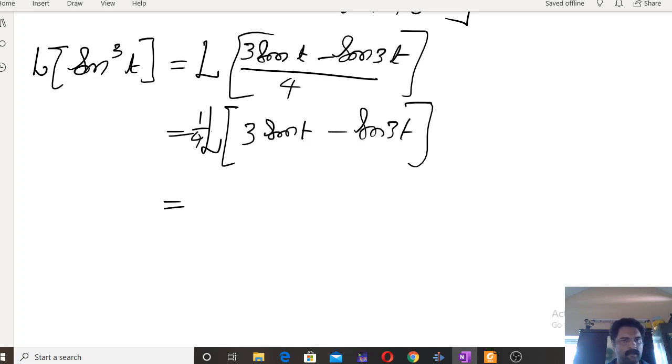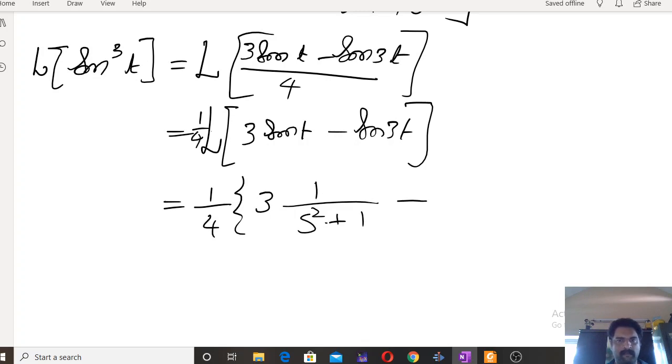So that's equal to 1 by 4 into the Laplace transform of 3 sin t. 3 is a constant. The Laplace transform of sin t, here it is sin at where a is equal to 1, is 1 by s square plus 1 square, minus the Laplace transform of sin 3t, where a is equal to 3, so it is a by s square plus a square, that is 3 by s square plus 3 square.